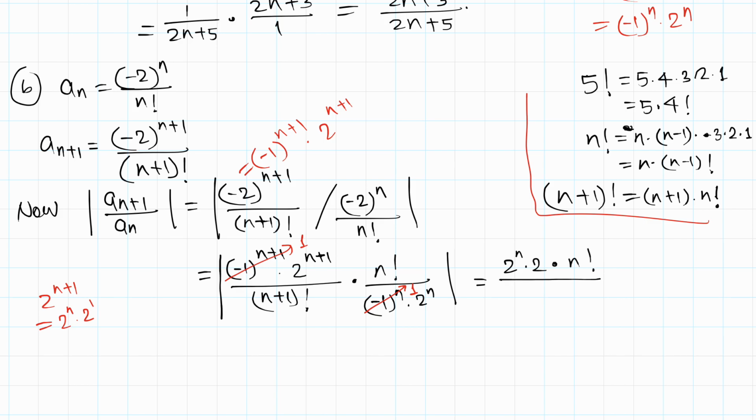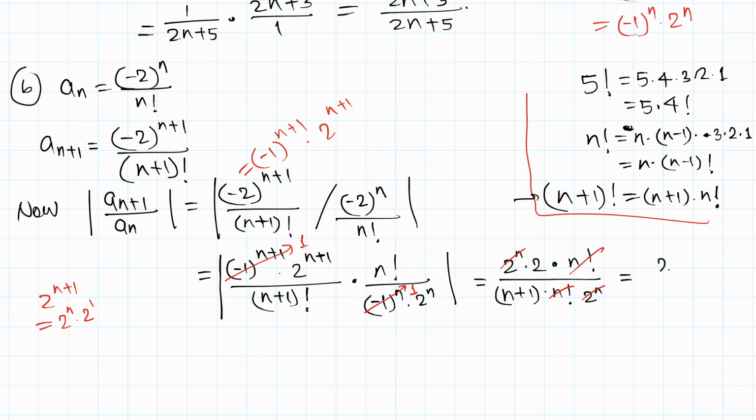On the bottom, n plus 1 factorial. Because n is smaller than n plus 1, we can expand n plus 1 times 1 less, which means n factorial. I want to stop here so that I can cancel top and bottom. And there is 2 raised to n here as well, and we can cancel 2 raised to n as well.